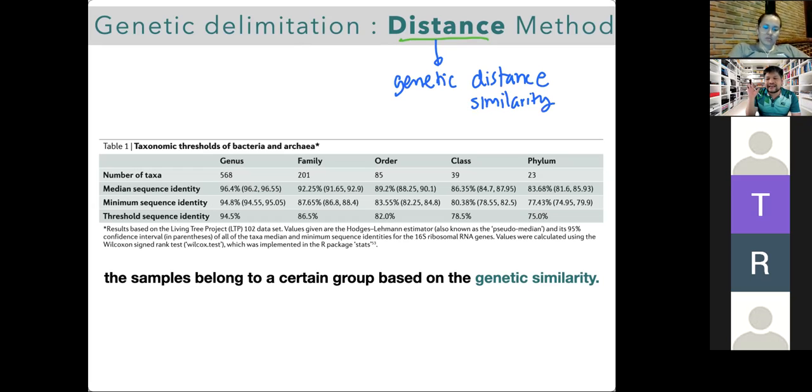They say, the genus is easy. If they're 96.4 percent similar, they're the same genus. If they're between 95 and 92, they're the same family. So it's easy: sequence the DNA, compare them, plug in some numbers, and here we go, it's the same species.